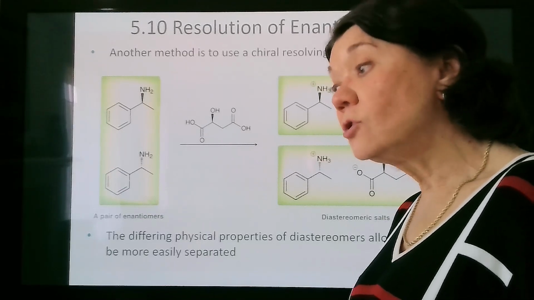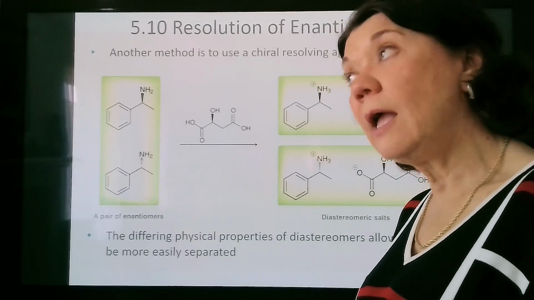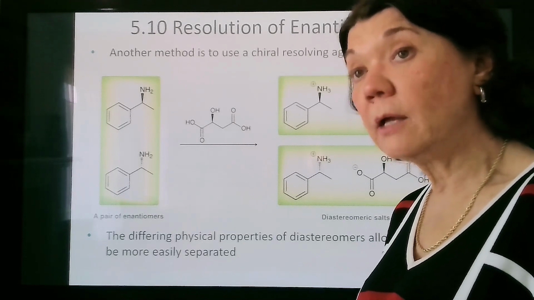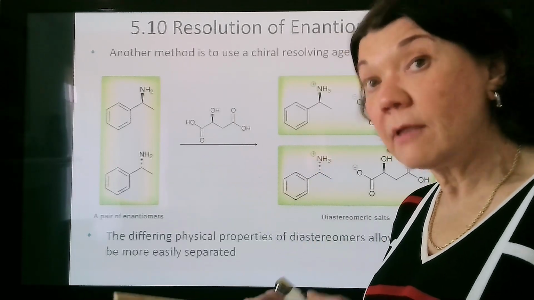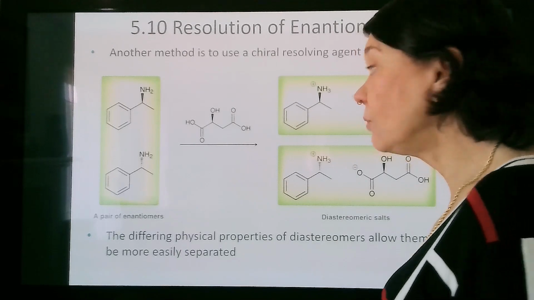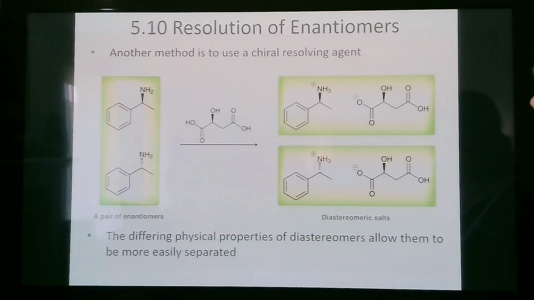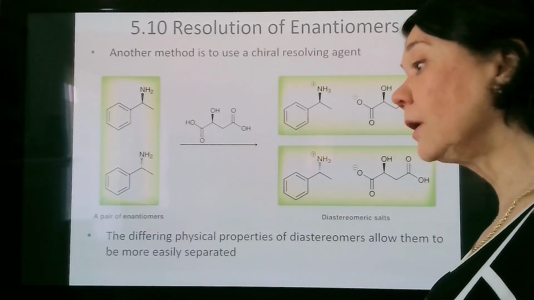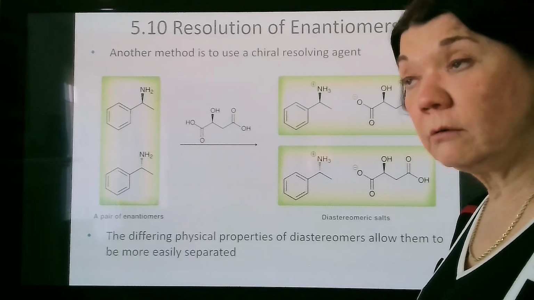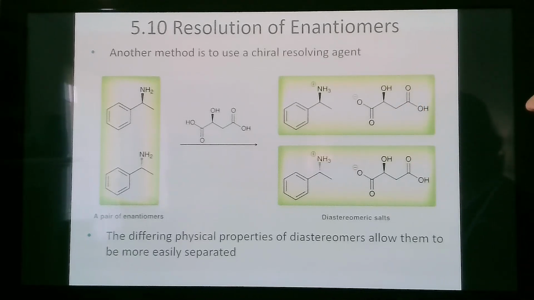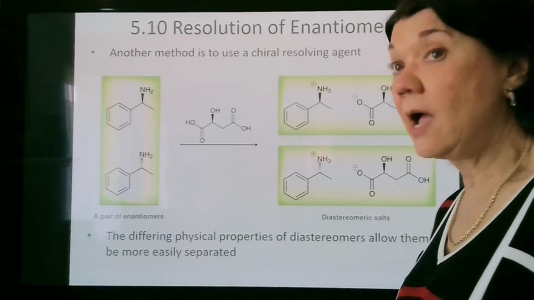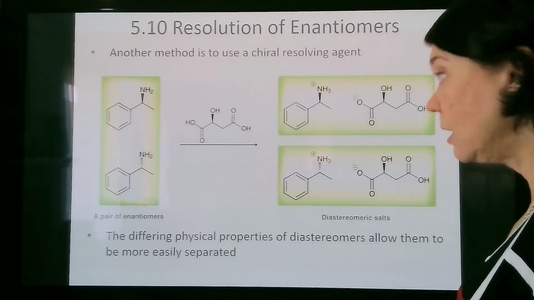You can use solvents which have different ratios of different compounds, and one will crystallize out and the other one will be left in solution. So there are different tricks that can be played, and you can play tricks with raising or lowering the temperature in solution, and one crystallizing out and the other one being kept in solution.